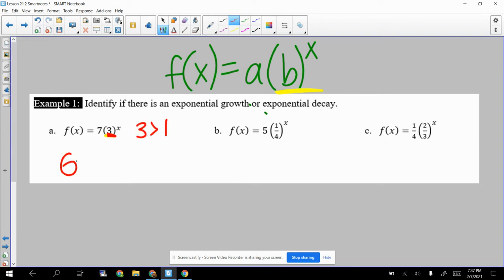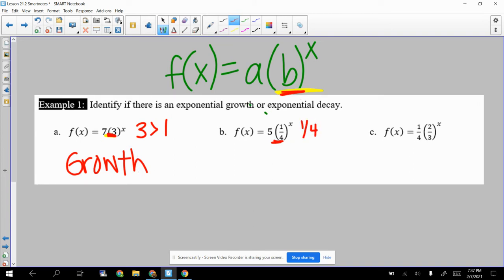So that would mean that this is exponential growth. Okay. In this next one, f of x equals 5 times 1/4 to the x. Again, you're just focusing on that. So 1/4 is less than 1, but greater than 0. So remember, if it's between 0 and 1, that is going to be decay.